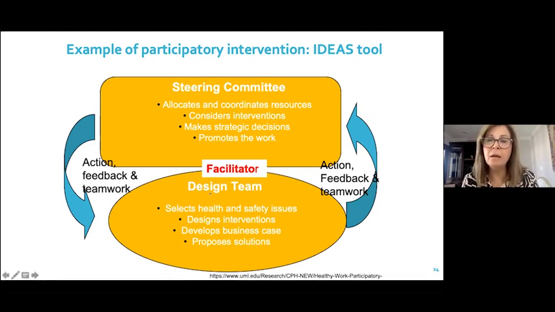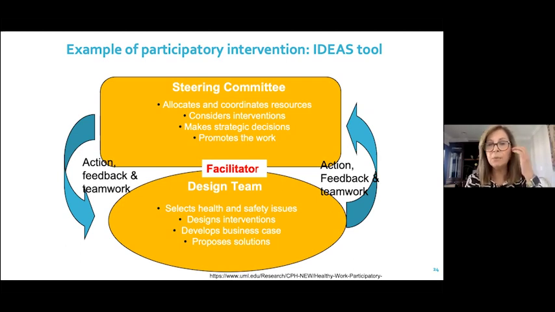We have the design team, which is made up of frontline workers, and they help identify root causes of the stress or hazard at work. They design the concept for the intervention. They develop a business case to propose it to the management, and then they select what issues they want to tackle.